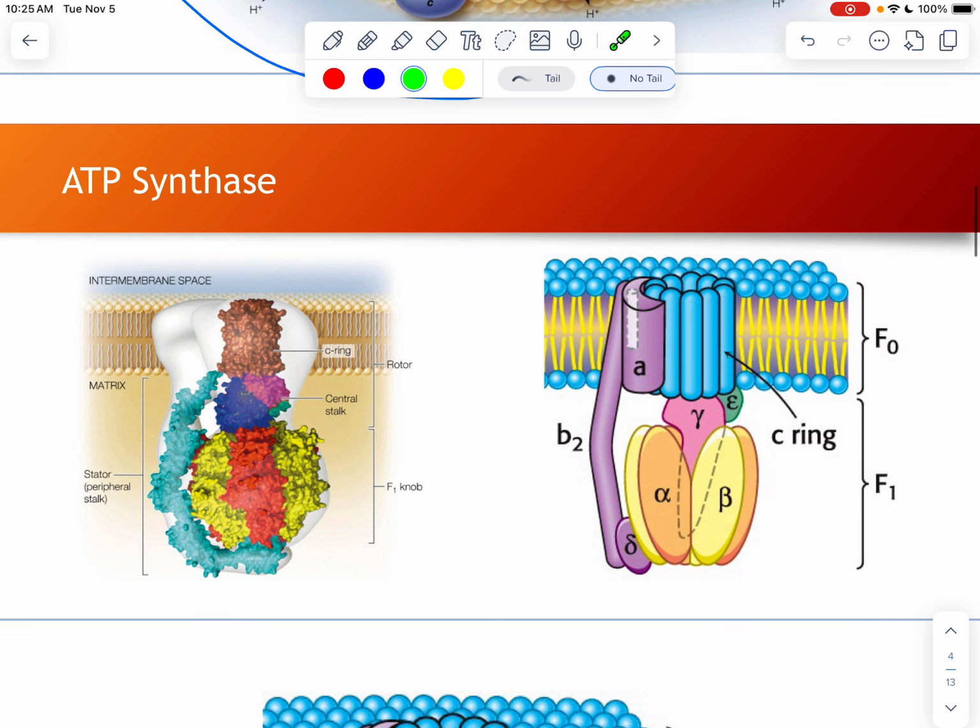All right, we have two pictures here of our ATP synthase. So ATP synthase is ubiquitous. It is in all living things. Despite that, we've never isolated all of the subunits together where we could do X-ray crystallography or electron microscopy on it.